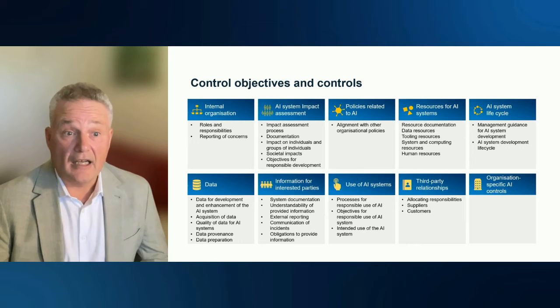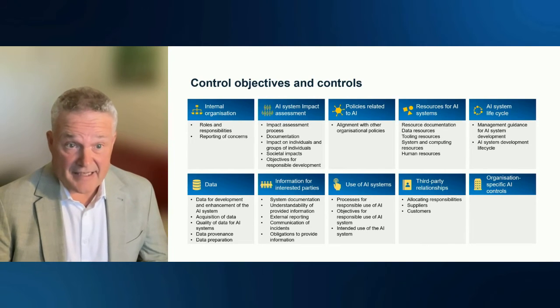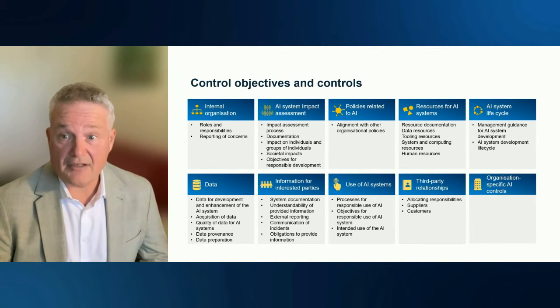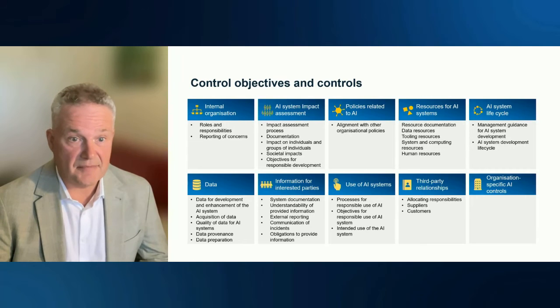So anyway, Annex A says the controls detailed in Annex A provide the organization with a reference for meeting organizational objectives and addressing risks related to the design and operation of AI systems.